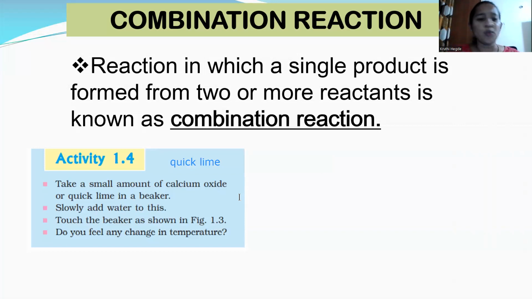When we slowly add water to this, we'll find that when we touch the beaker, it becomes hot. That means heat is released. Along with that, there will be formation of a product.